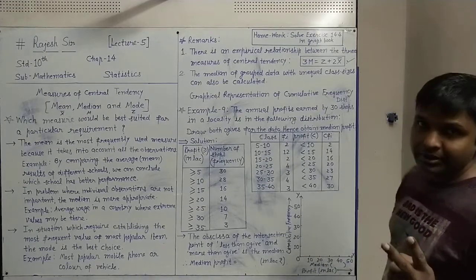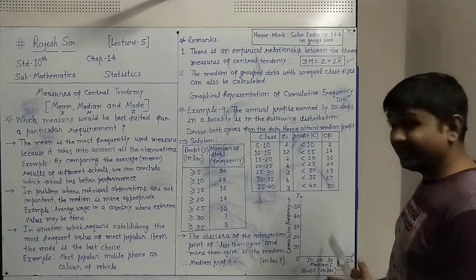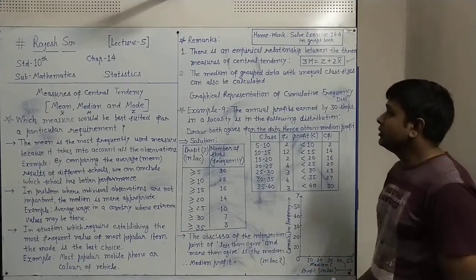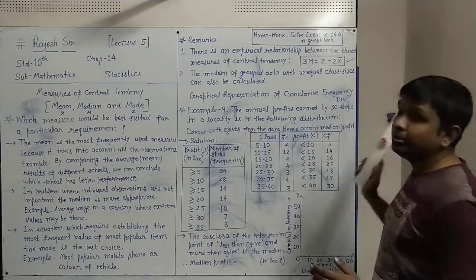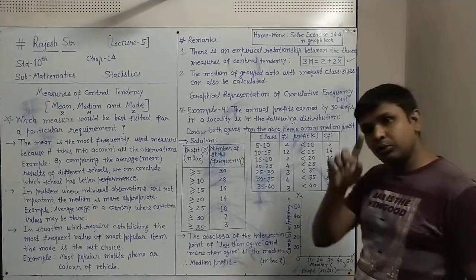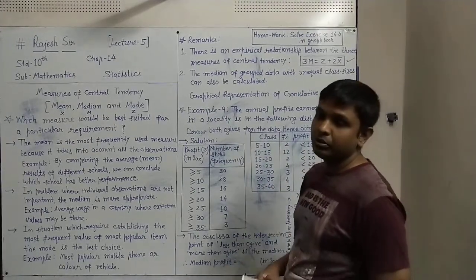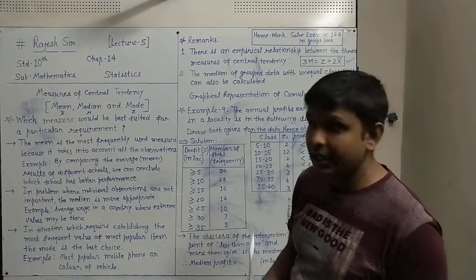Ogives are of two types, less than ogive and more than ogive. Both we will understand here, and we will draw both types of graph here. So we have to draw both the ogives for the data and hence obtain the median profit. By drawing both types of ogives, we have to find the median also.